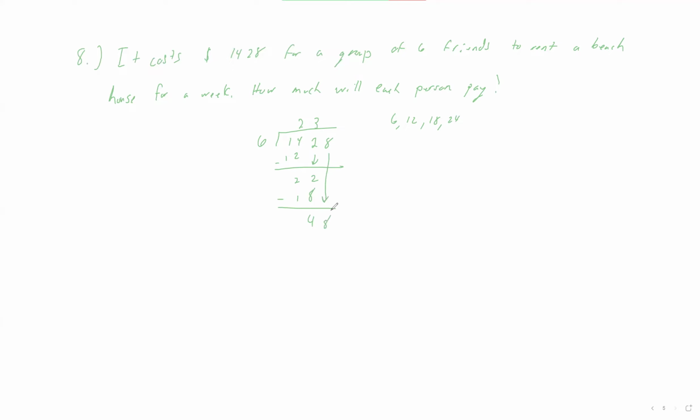Drop down the 8. So I can see that's 1, 2, 3, 4, 5, 6, 7, 8. So 6 goes into 48 8 times evenly. So that means the bill will be split for the beach house for $238 per person.